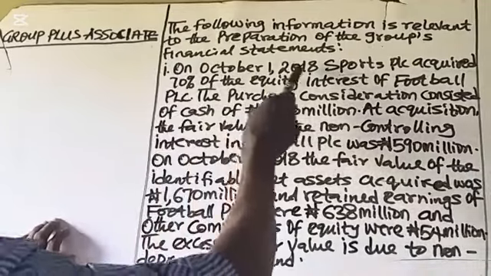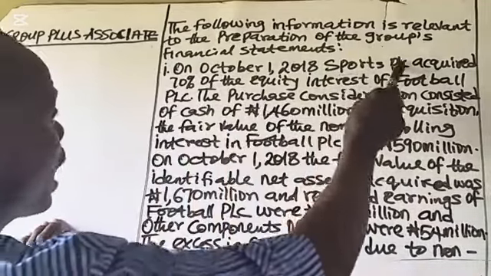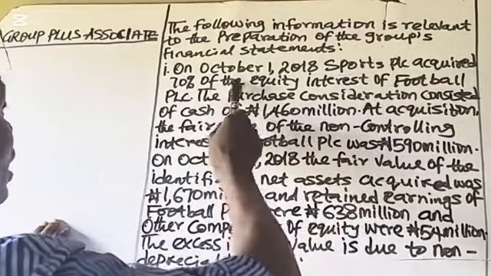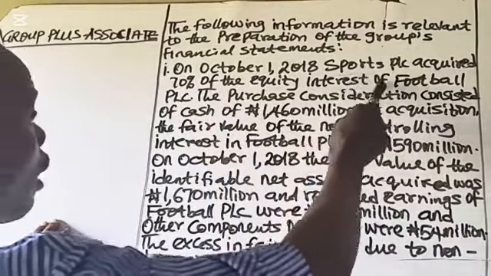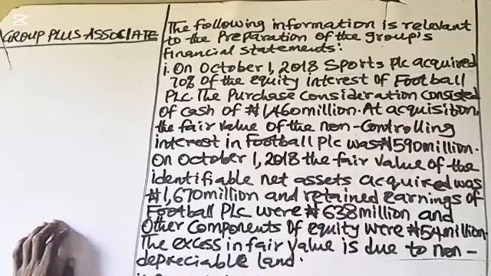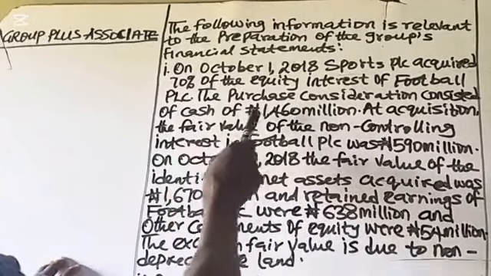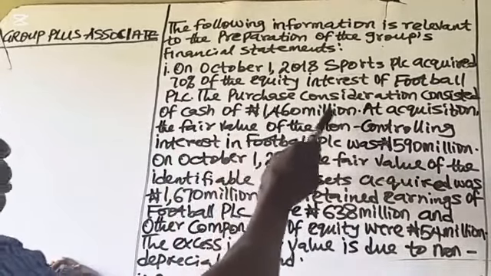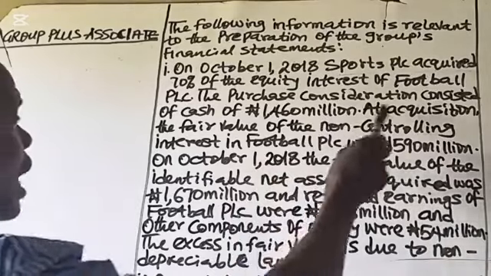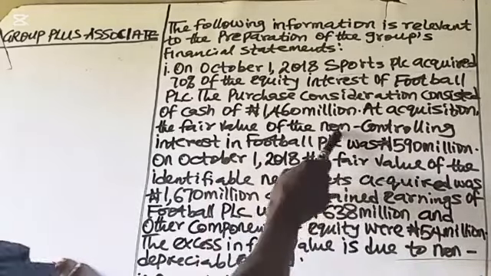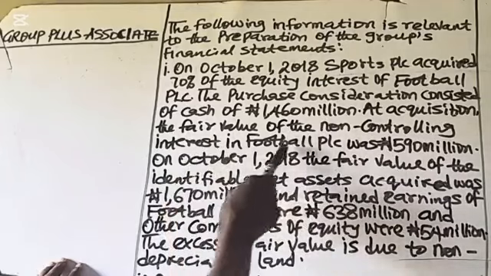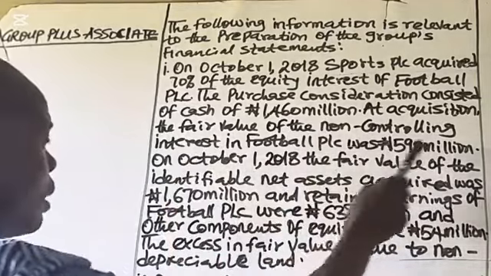1. On October 1st, 2018, Sports PLC acquired 70% of the equity interest of Football PLC. The purchase consideration consisted of cash of 1,460 million naira. At acquisition, the fair value of the non-controlling interest in Football PLC was 590 million naira.